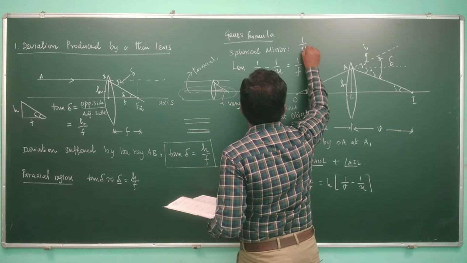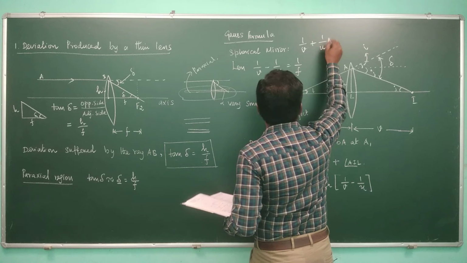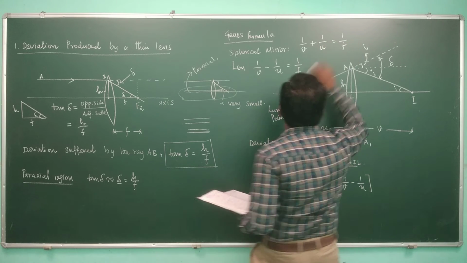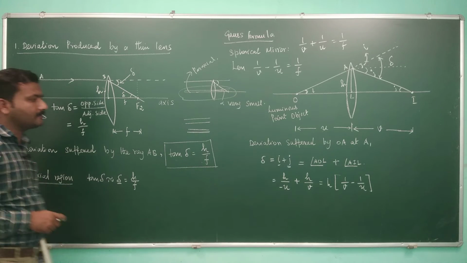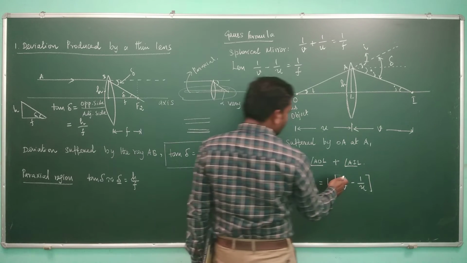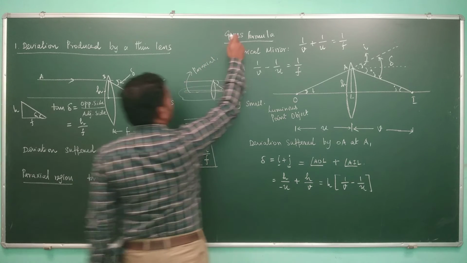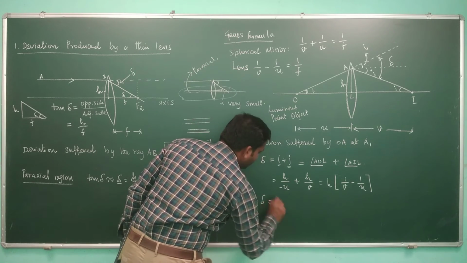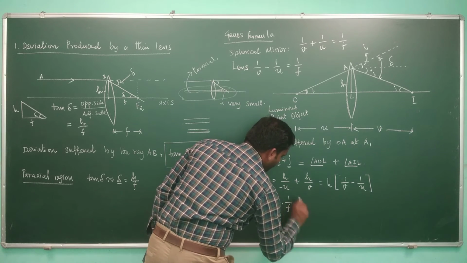For spherical mirror, 1 by v plus 1 by u is equal to 1 by f. The sign differs between spherical mirror and lens. Here we have 1 by v minus 1 by u, and we are using a lens, so applying the Gauss formula for lens, we can write delta is equal to h multiplied by 1 by f.